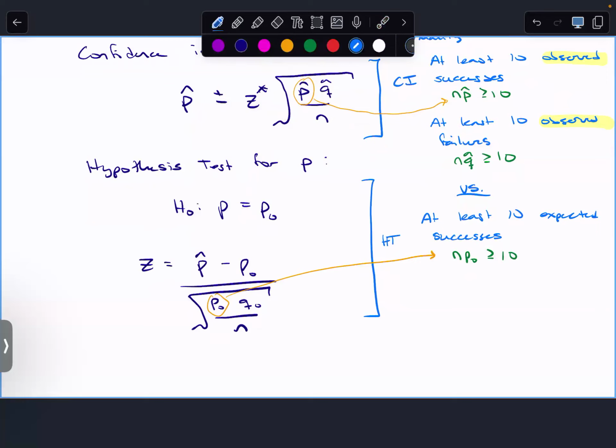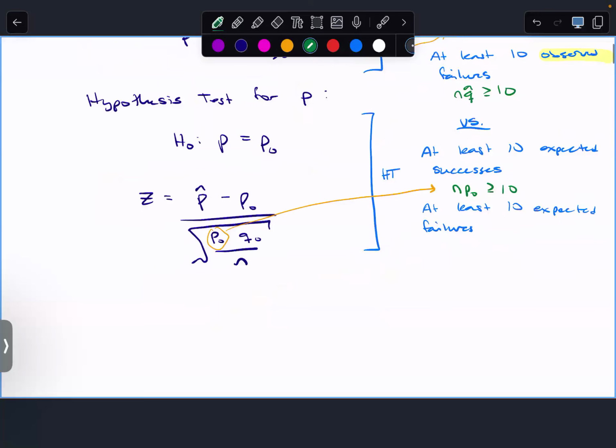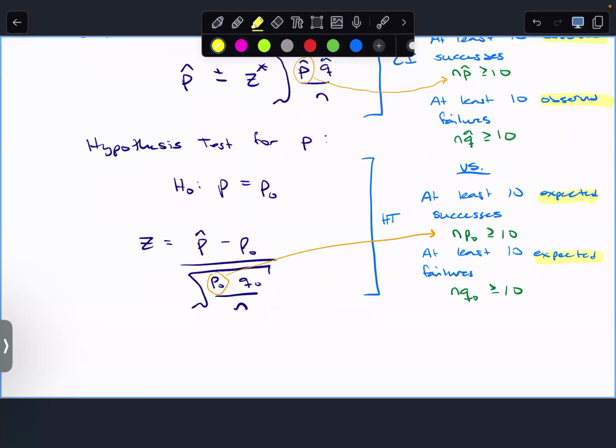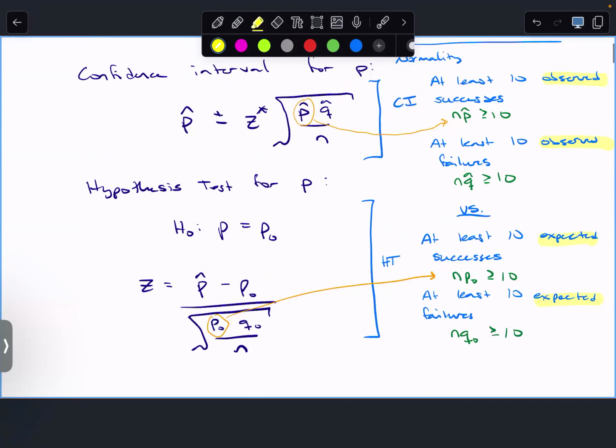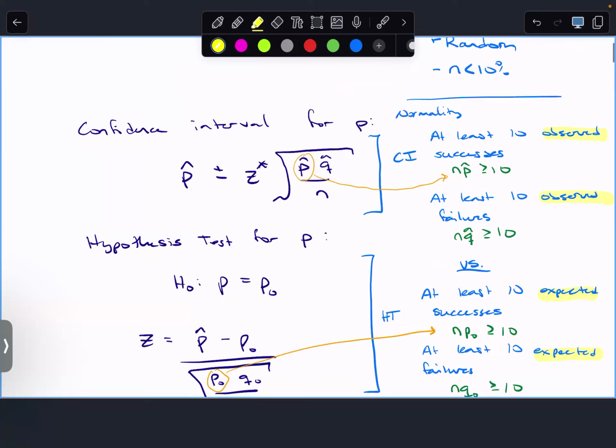Make it slightly less confusing. At least 10 expected failures, which is n times q naught has to be greater than or equal to 10. So you can use your formula sheet to guide you through the conditions, if you know your formula sheet well enough, which I would suggest.